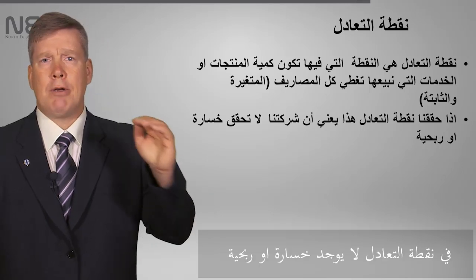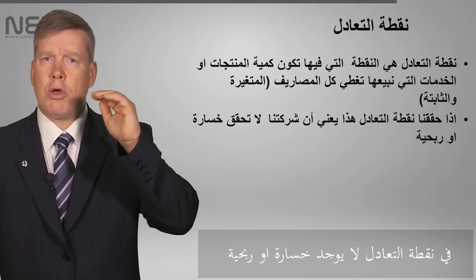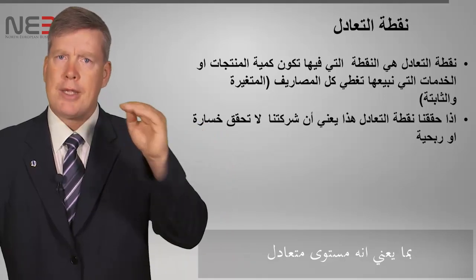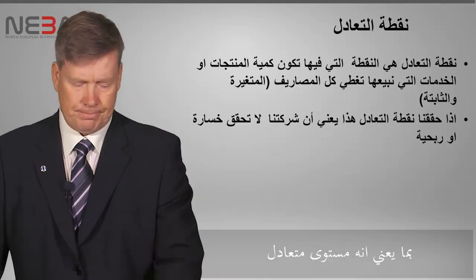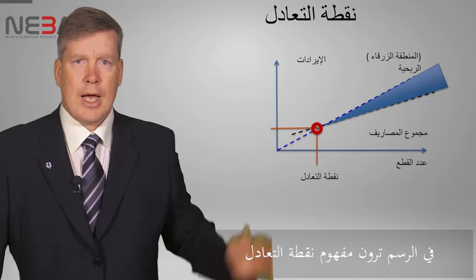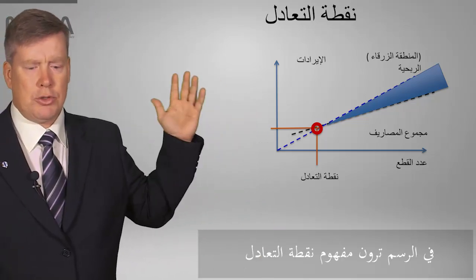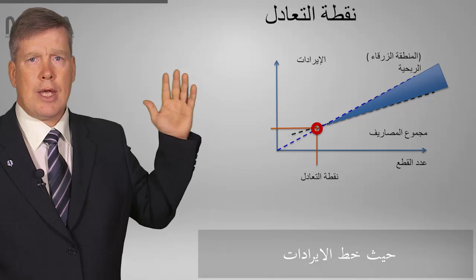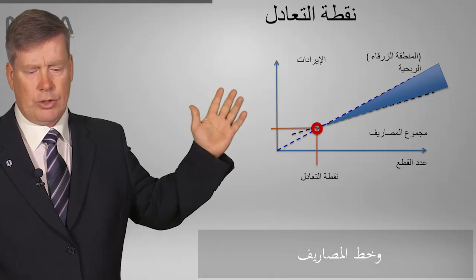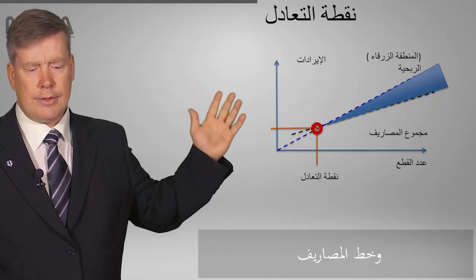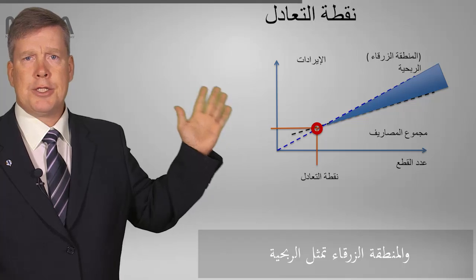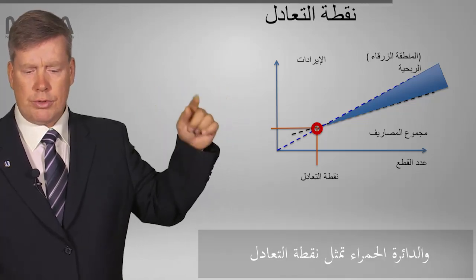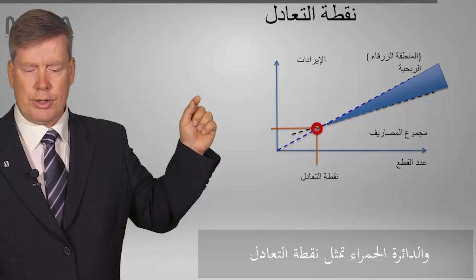So at the break-even point there is no loss or profit. It is break-even, like the name says. In this picture you have an illustration of the break-even point. You can see the income line, the total cost line, the blue area, which is the profit area, and in the red circle you can see the break-even point.